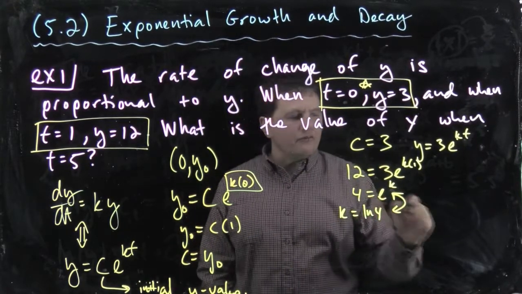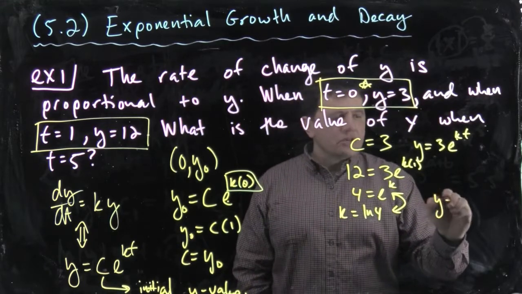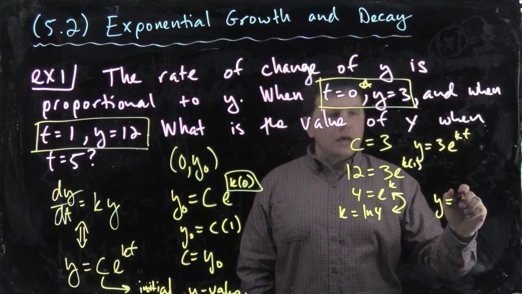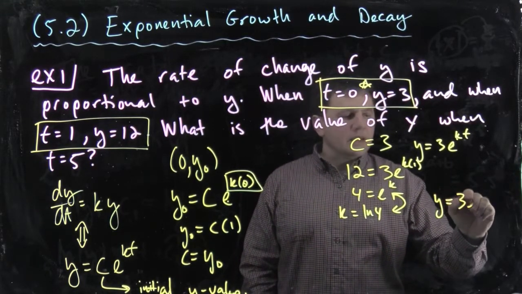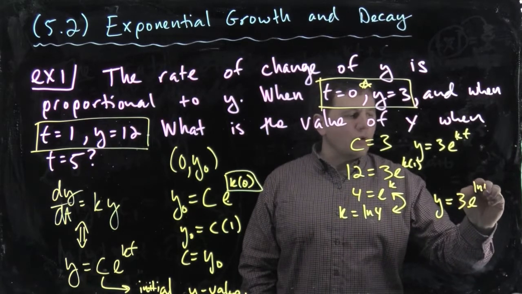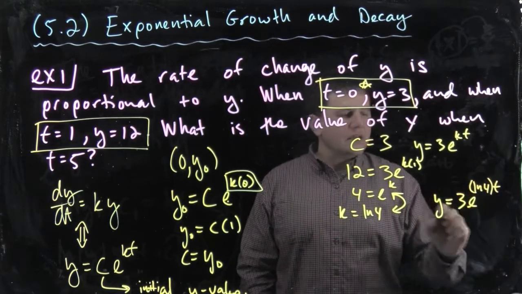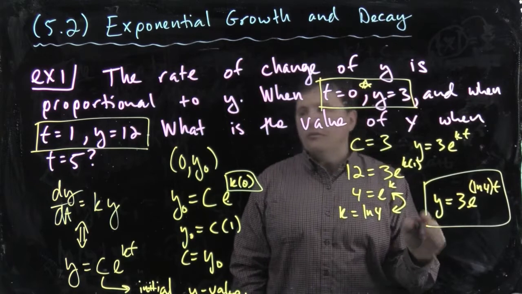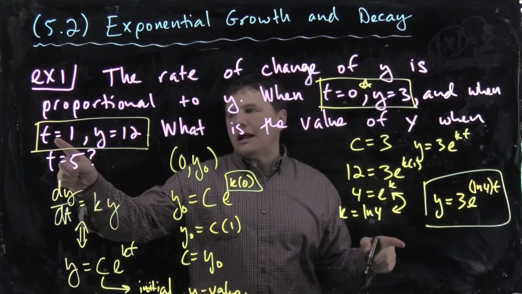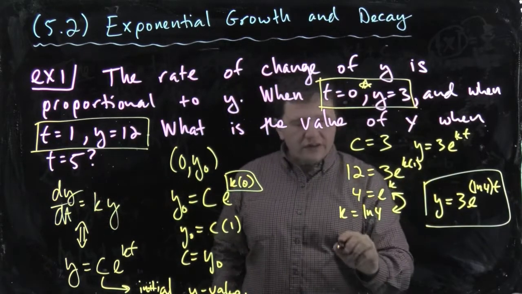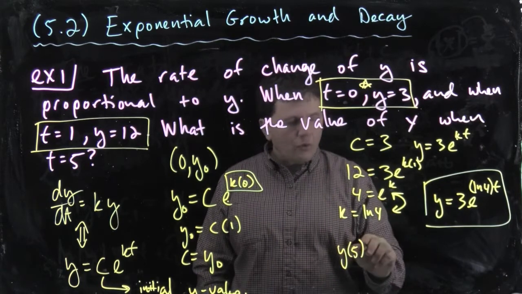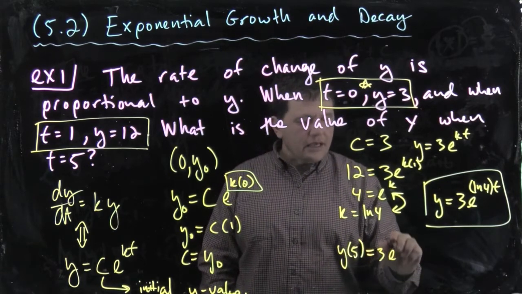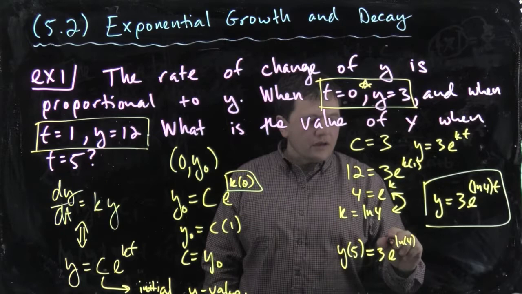So now I have my exponential formula. So y is equal to 3 e to the ln of 4 times t, and this is my exponential model. Now to figure out what this is, I'm going to plug 5 into that. So y of 5 is equal to 3 e to the ln of 4 times 5.